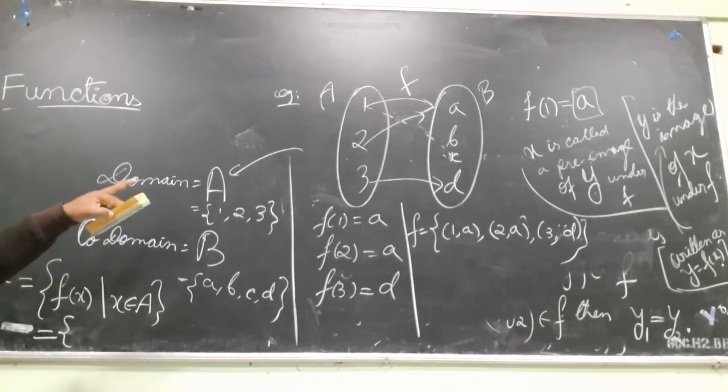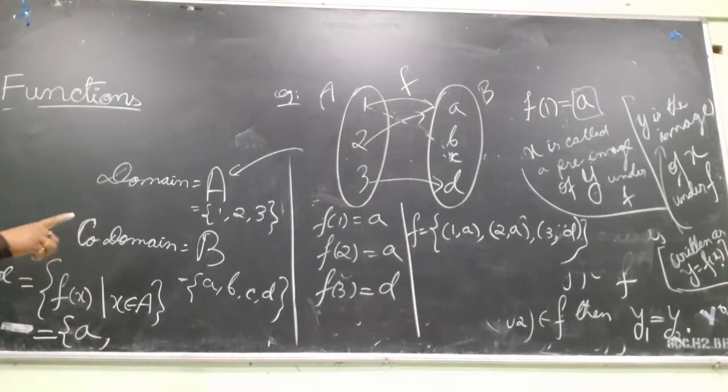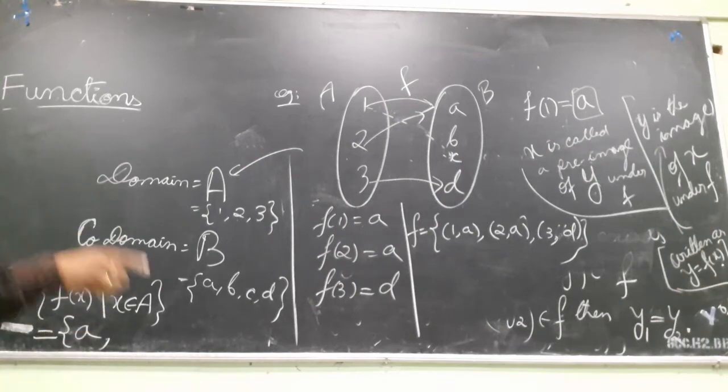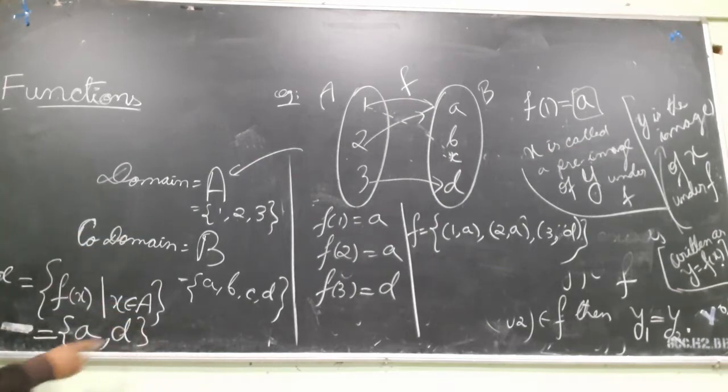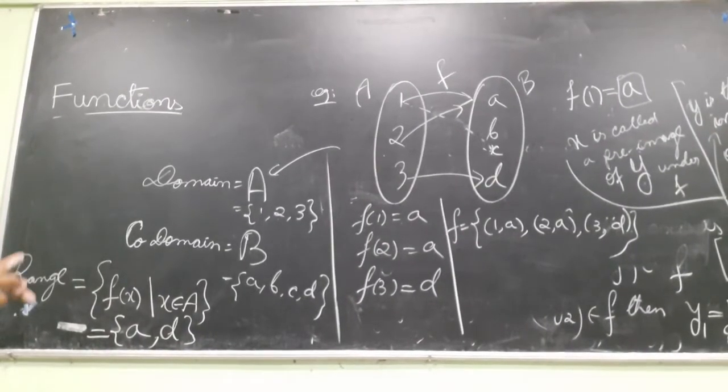What are the images? F of 1 is A, so A is there in the range. F of 2 is A, so A I have already written, no need to write again. F of 3 is D. So only A and D are there in the range. In the codomain everything is there, but only A and D are there in the range.